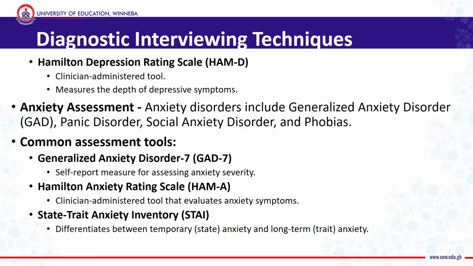And we have the State-Trait Anxiety Inventory. It differentiates between temporary state anxiety and long-term anxiety, that is trait. So the short-term and long-term issues are assessed using the same scale. It means it has 2 dimensions.